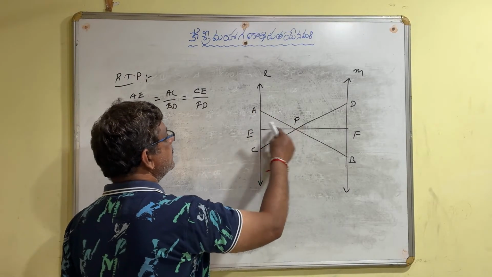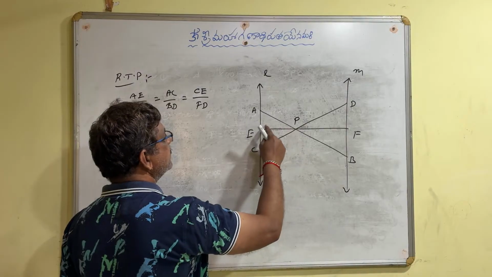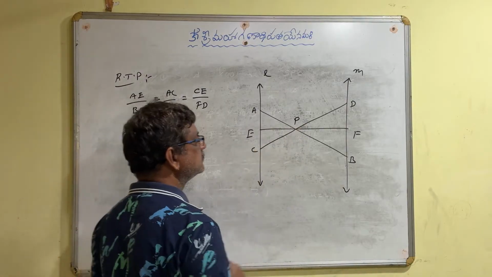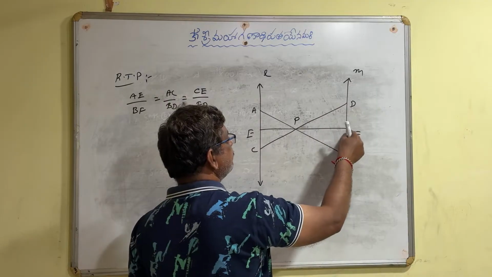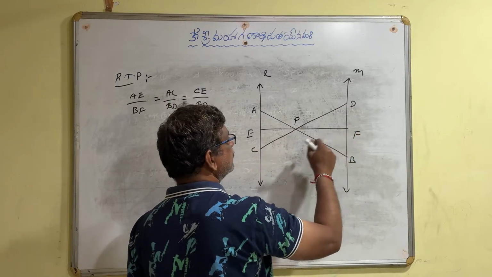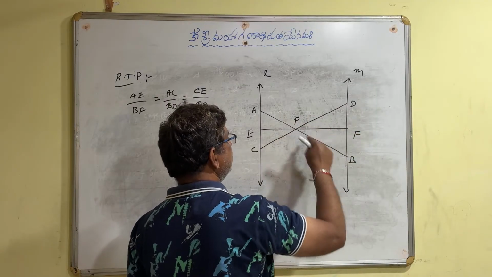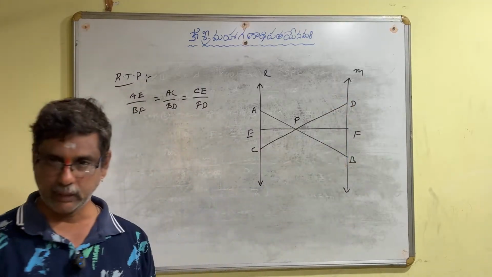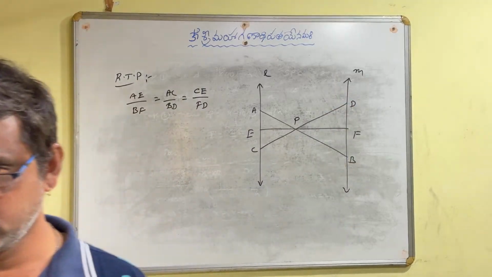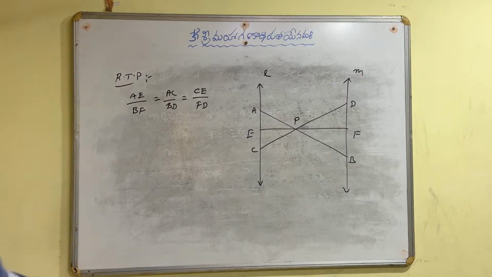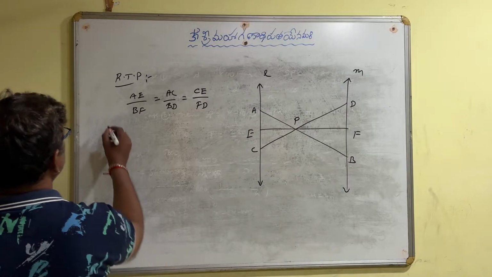Triangle APE, CPE, APC, DPF, BPF and PBD. Total you can see 6. 6 triangles, Lalitya. 6.